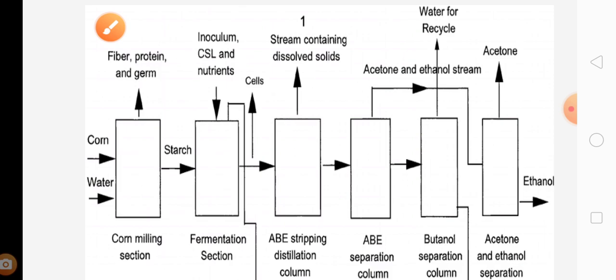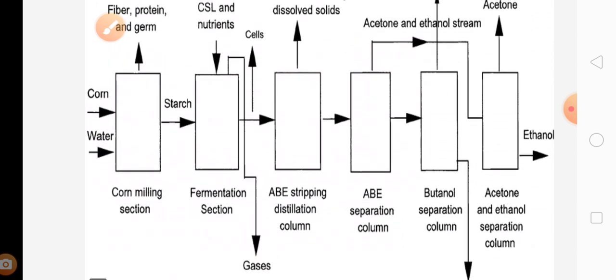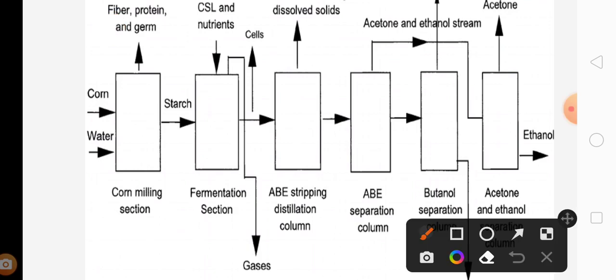Here, when fermentation is taking place, the cells are being moved out of the vessel. Here you can see the cells have moved out, as well as the gases which are being produced are moving out of the vessel. This fermentation broth now moves to the distillation unit, which is known as the ABE stripping distillation unit, that is the acetone, butanol, ethanol stripping distillation column.